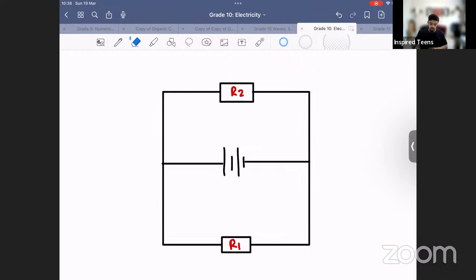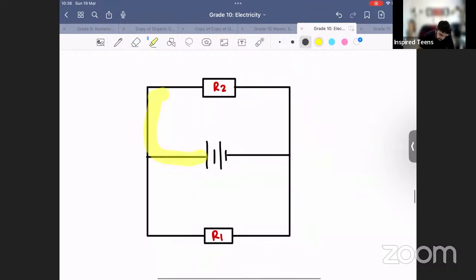You might think maybe one is series, but the easiest way, I keep saying, is to follow your current. If I follow my current here, remember positive to negative terminal, immediately it splits, as you can see. Then it comes back. So it's a parallel connection.